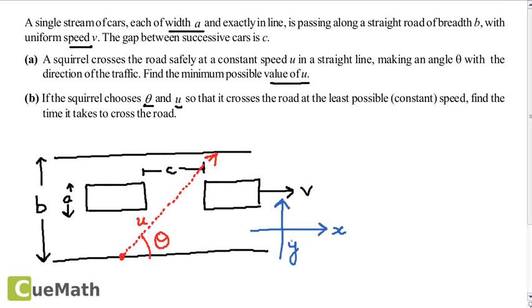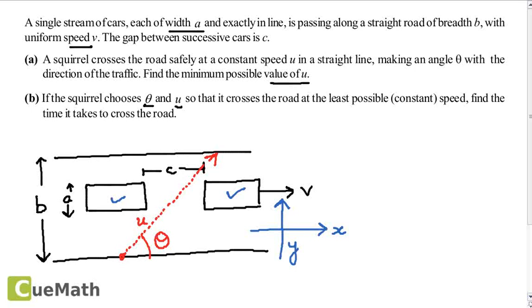Now we have this stream of cars traveling along the road where the width of each car is A, and I have assumed this red path to be the path taken by the squirrel to cross the road.